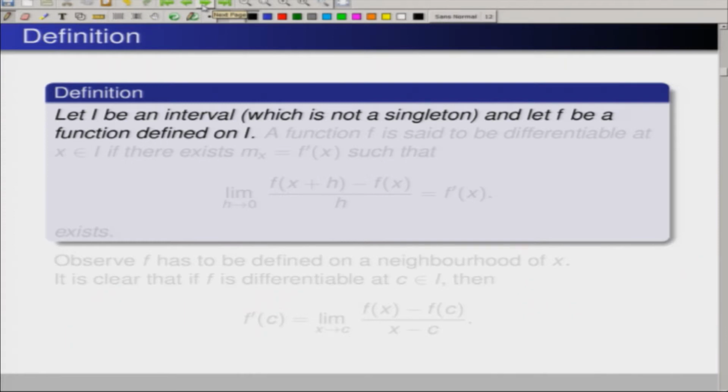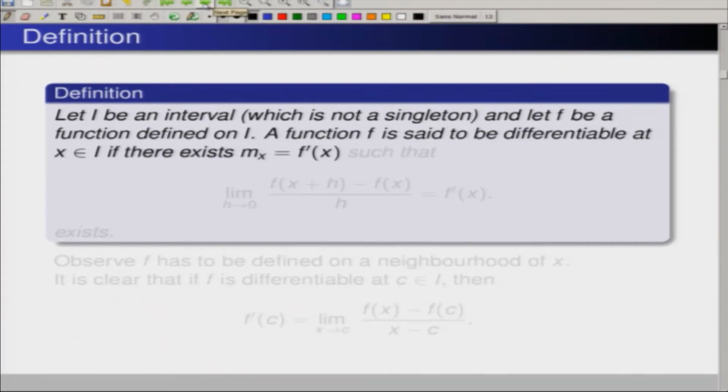Now, let us take a point x in I, and we say that a function f is differentiable at x if there exists an m of x, which depends on this x, such that the limit as h goes to 0 of (f of x plus h minus f of x) divided by h exists.